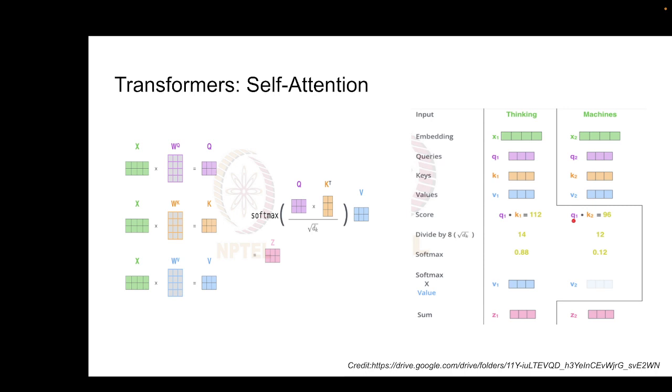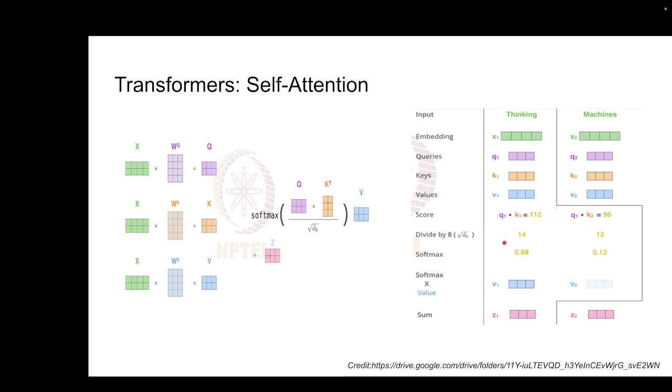We divide both these quantities by this particular quantity, and then by doing a softmax we get two values, 0.88 and 0.12. Both of them are based on the dot product of q1 with k1 and k2.